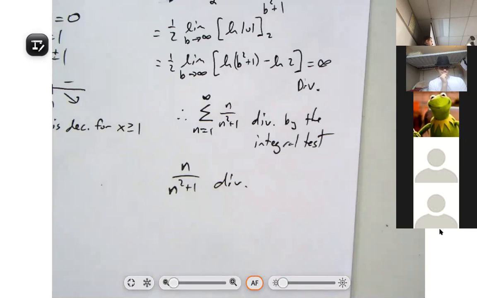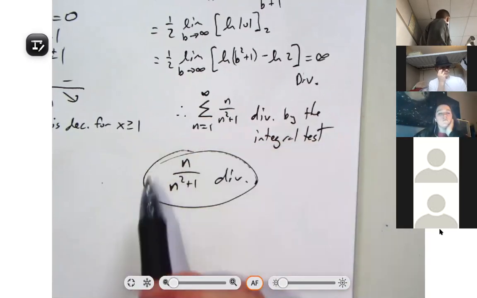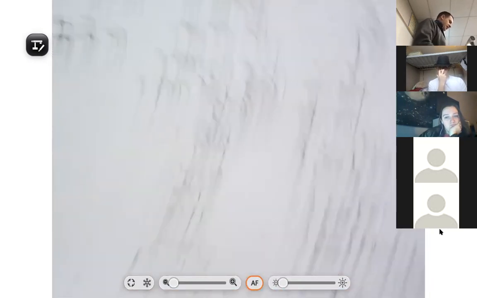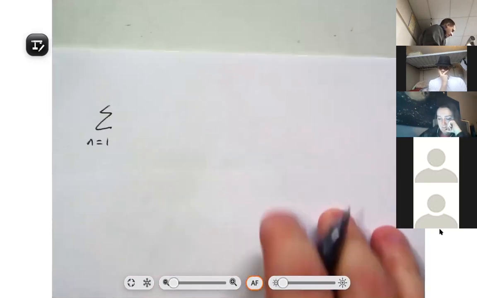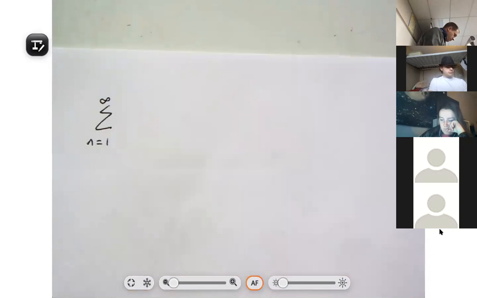Make sure you're always including that as part of your conclusion and in your work. They would not give you credit because this doesn't diverge. This is nothing. The series diverges. How pretty your sigma is really doesn't matter. Mine's hideous.